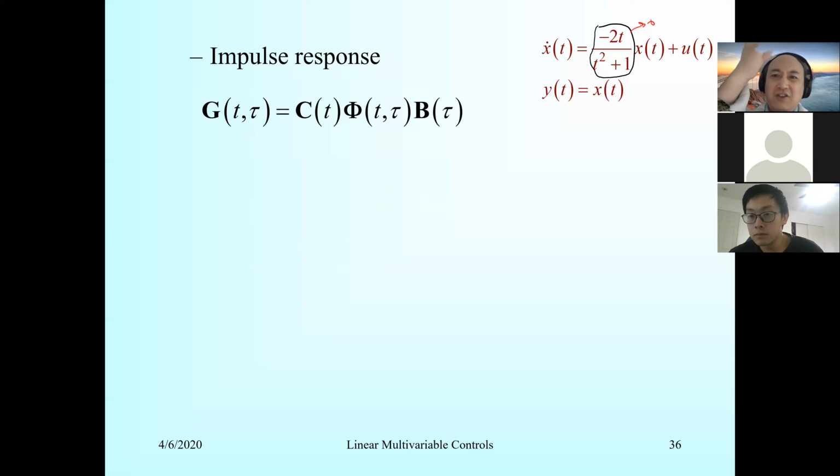The coefficient is initially negative, something like this. Because it is always negative, it is always stable.